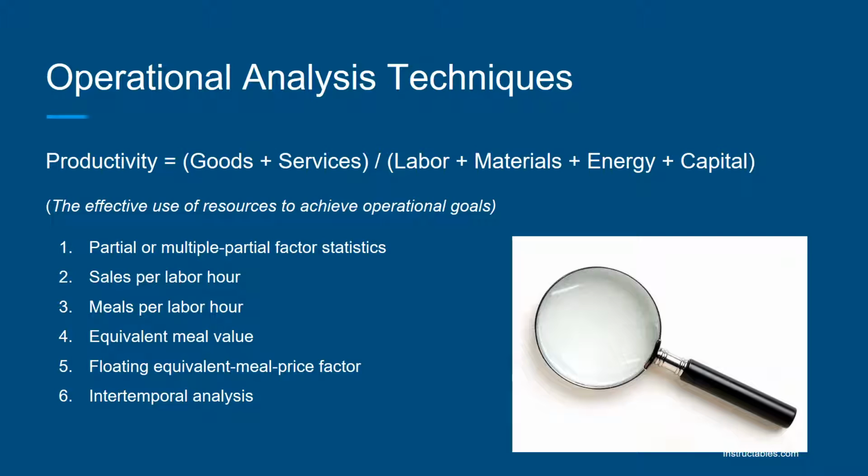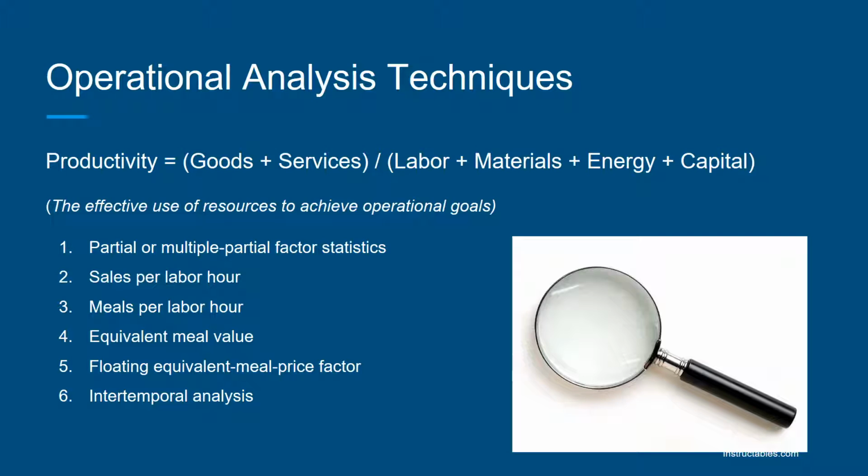It is good to know the productivity of your food service establishment. In general terms, productivity is equal to the sum of goods and services divided by the sum of labor, materials, energy, and capital. There is an incredibly wide array of statistics used to examine the productivity and financials of food service operations.